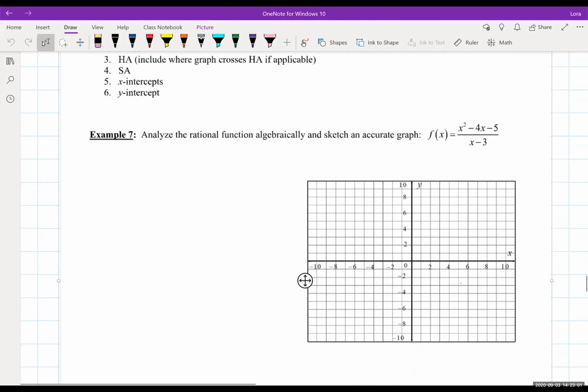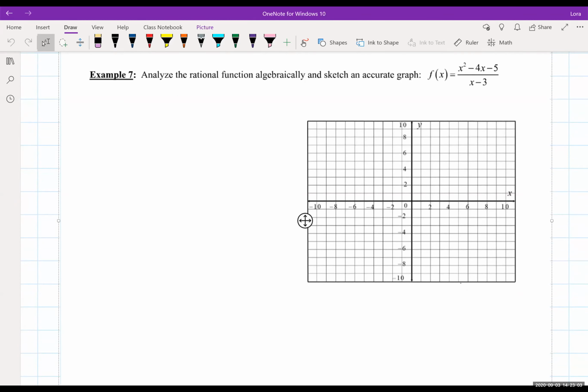So let's go there. First thing I will do with my rational function is factor it if possible. So let's look at f of x. It looks like we have a trinomial of the special form in the numerator, so I believe that should factor nicely.